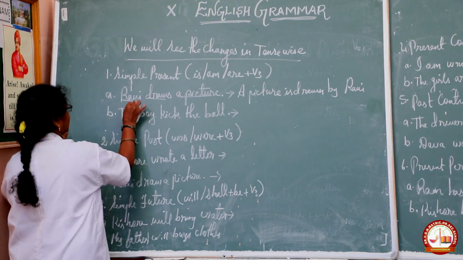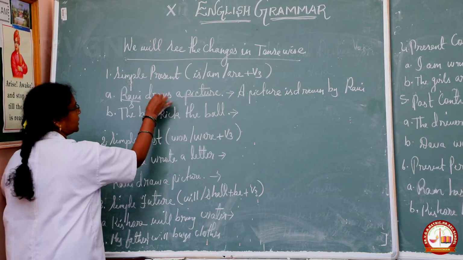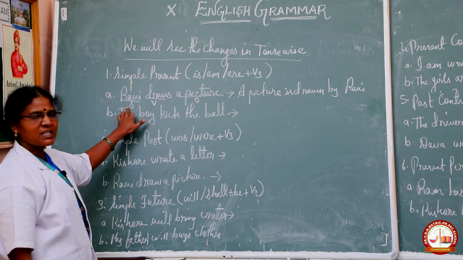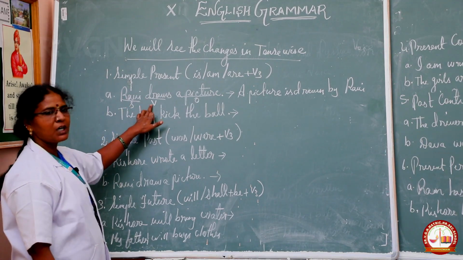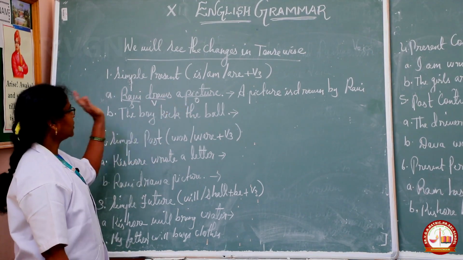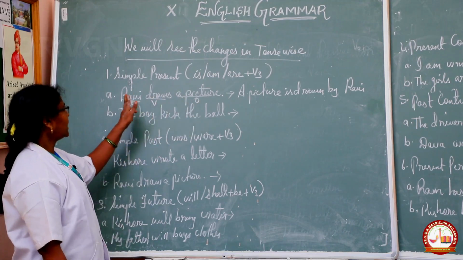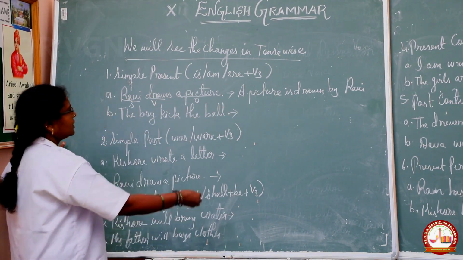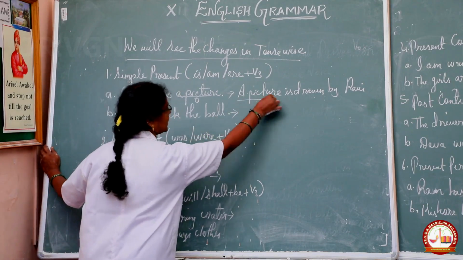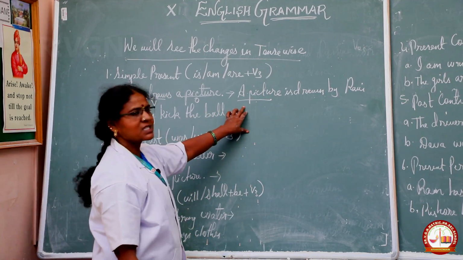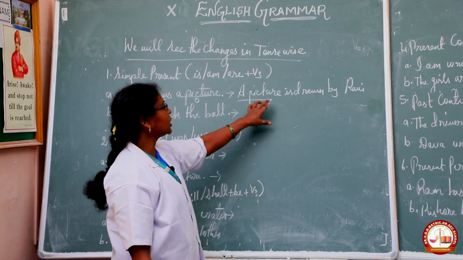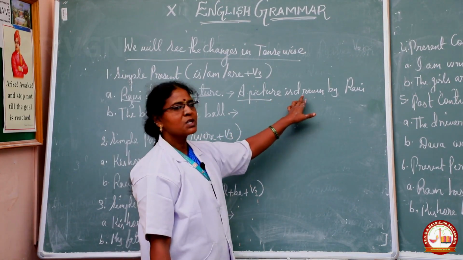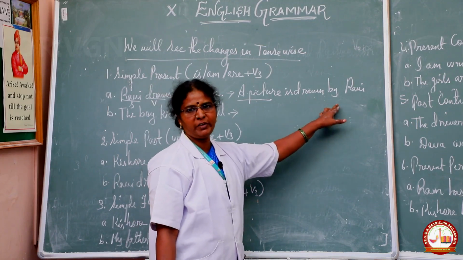Ravi subject, draw verb, a picture object. So first you must separate the sentence: subject, verb, object. Now object becomes subject and subject becomes object. The object a picture is in singular form, so the verb is also singular. So a picture is drawn by Ravi.